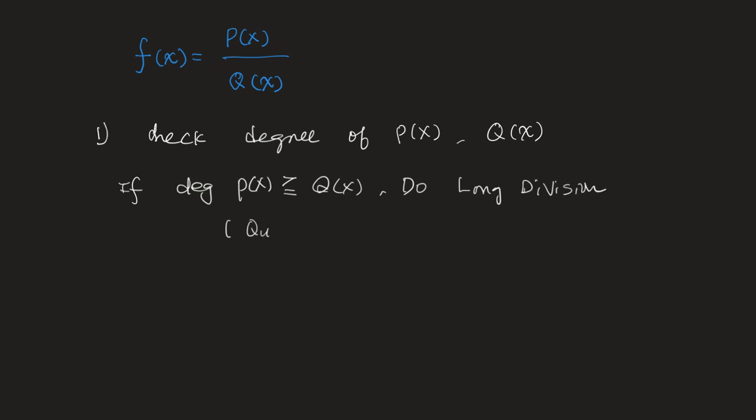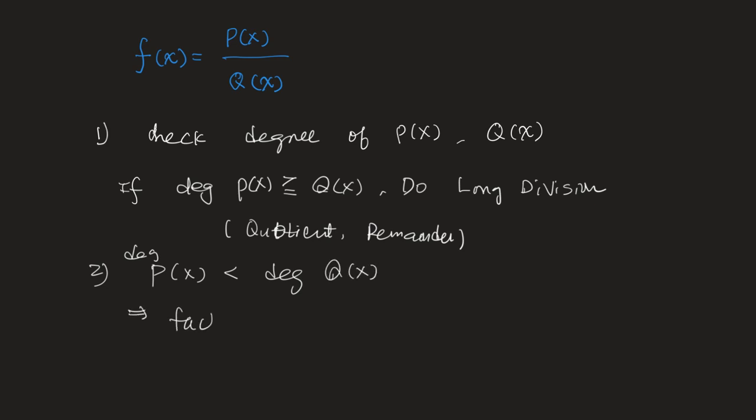So find the quotient and remainder. Second, if the degree of the numerator is less than the degree of the denominator, then what you have to do is factor q of x.